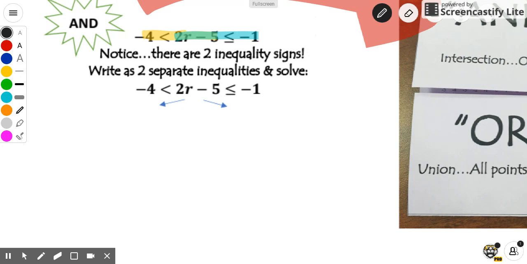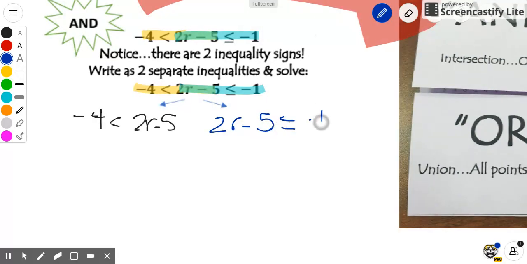The first one is negative 4 less than 2r minus 5. That was my yellow one. Then we do the blue one next: 2r minus 5 is less than or equal to negative 1.